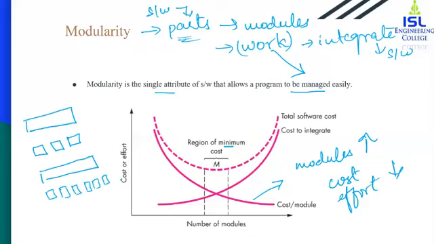As we split it into different parts, when you want to integrate them, that is, join them into the entire thing again, you have some specific cost for how you're going to join this software. So the cost is going to increase. So you're going to identify a region of minimum cost, that is, you're going to split it into a number of modules that gives you the minimum cost. So this is the modularity concept.